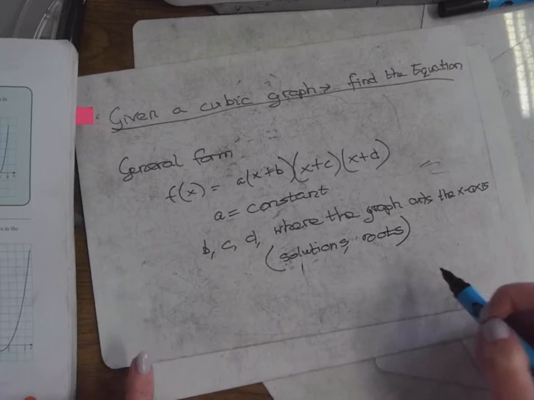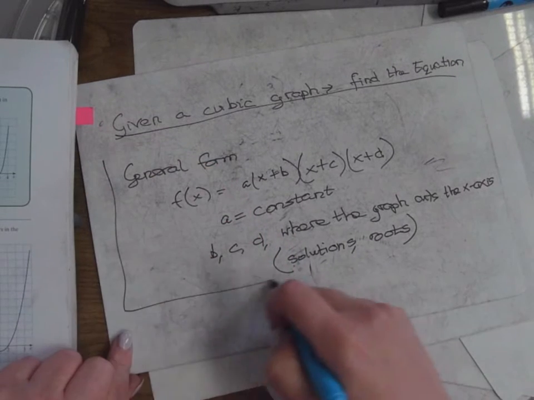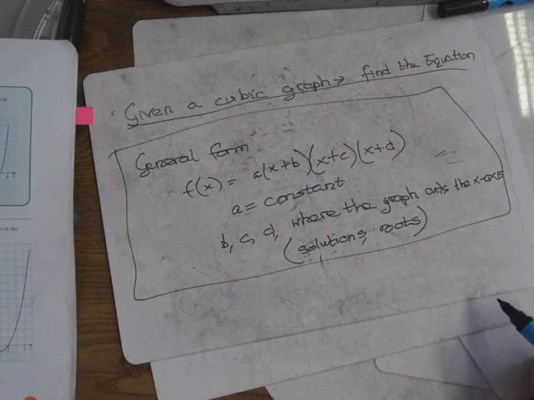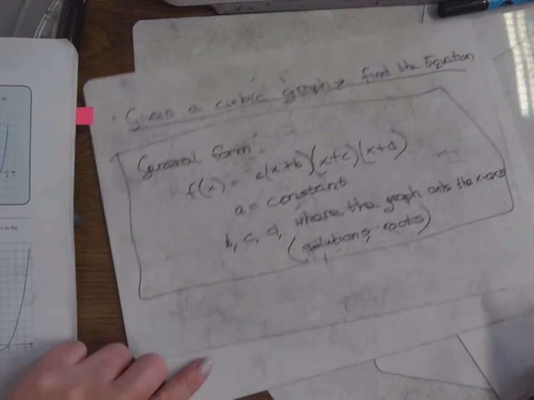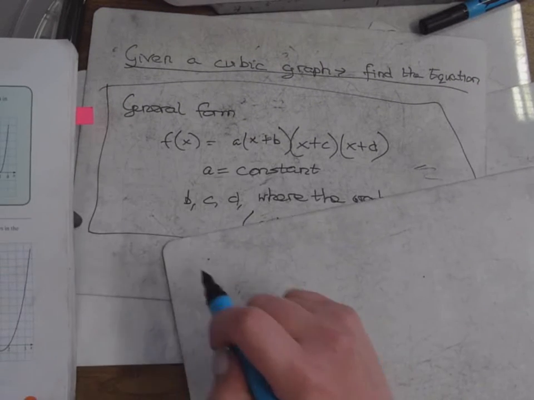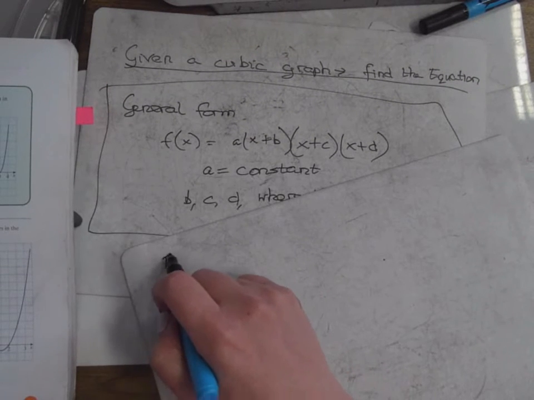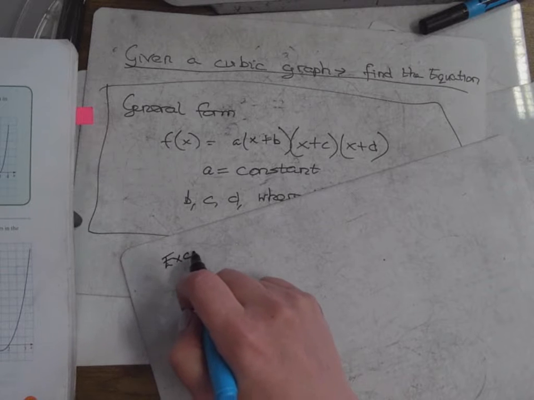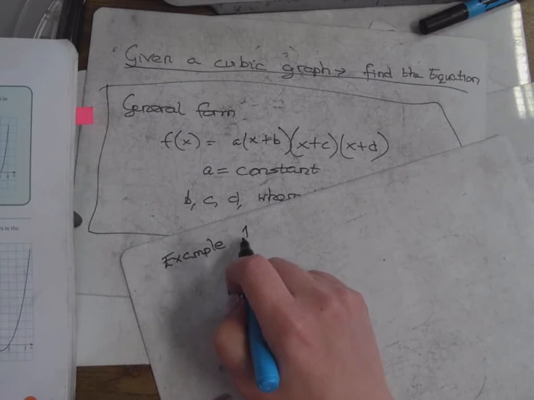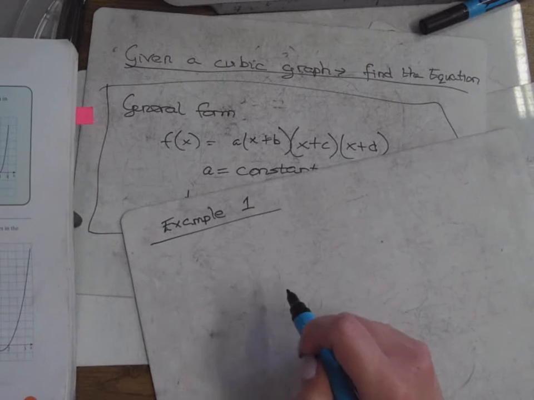Is that okay? Right, so the best way to explain this is to do an example. Okay, so an example would be, right, okay.